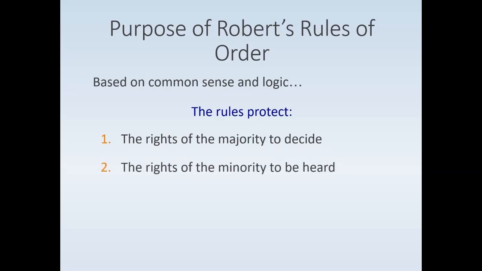But it's also equally important to protect the rights of the minority so that their voices can be heard. And then third, the rules protect the rights of the individual members, and those rights are important as well.